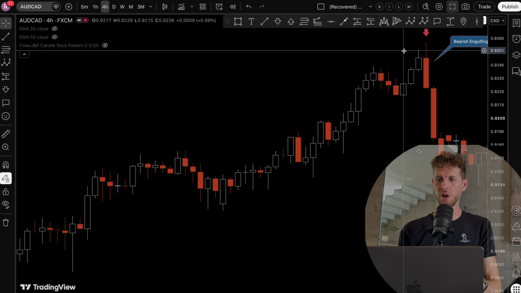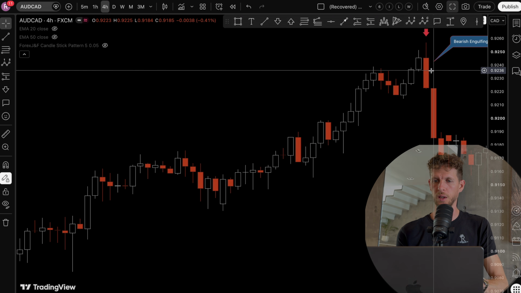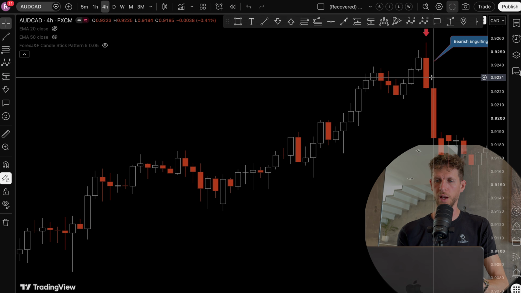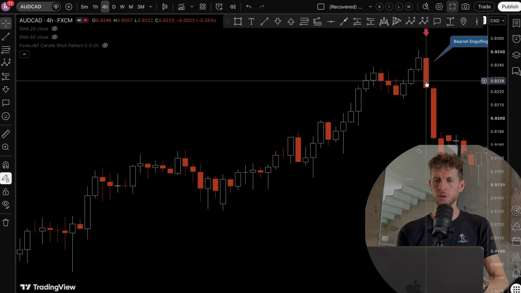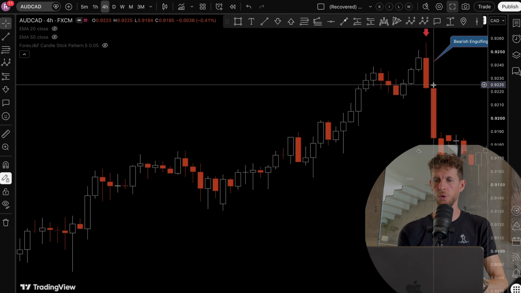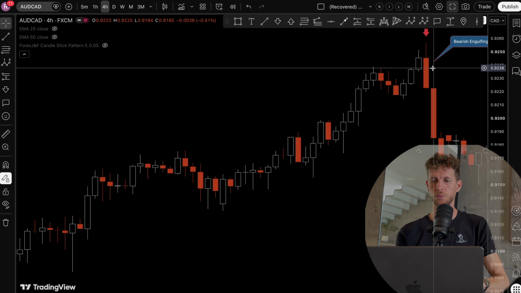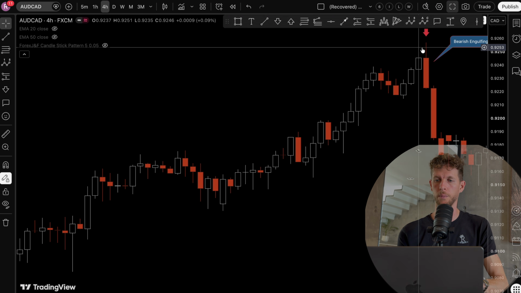So Aussie CAD chart here, you can see that we've got a big bearish engulfing candle here. And you can see the bearish engulfing candle here is more than double this body size of the previous bullish candle. So big bearish engulfing candle here that indicated that there's bearish momentum coming into this market here.